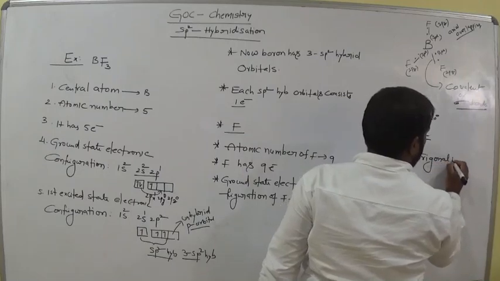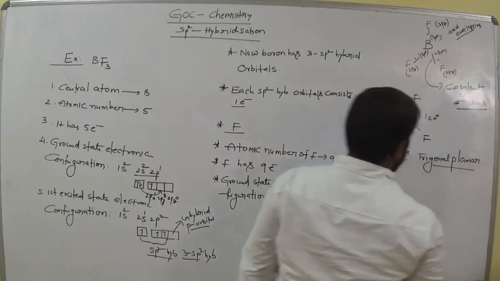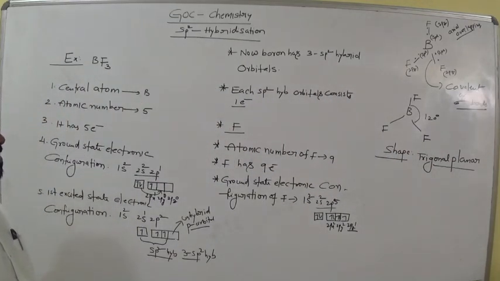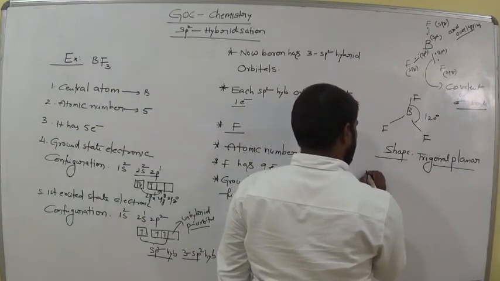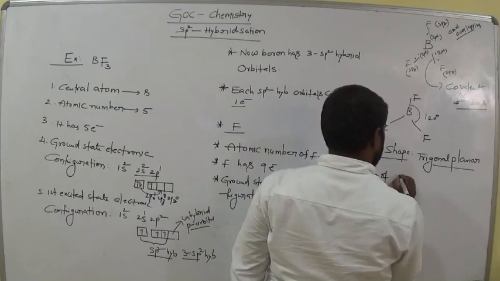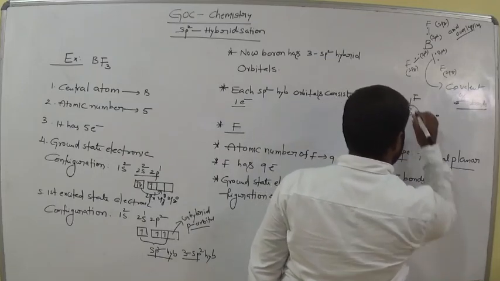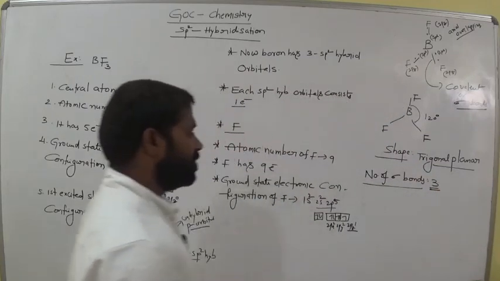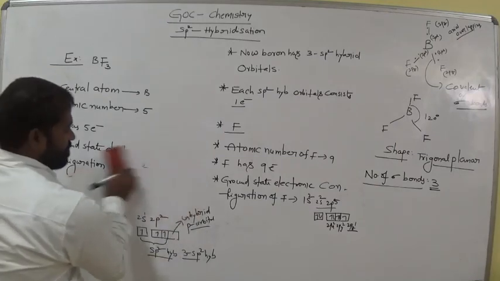How many sigma bonds or covalent bonds are there? 1, 2, 3. Three. Is it clear, all of you?